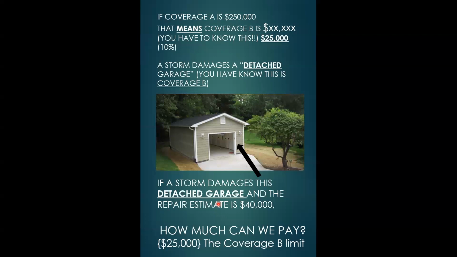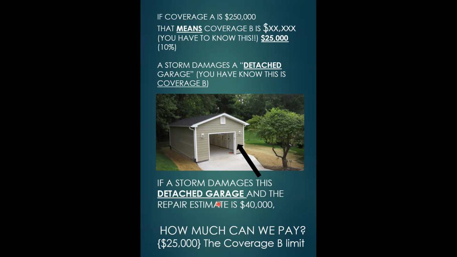And so on test day, here's a couple of very important things to be able to do. They're never going to tell you the amount of coverage B. Figuring out the amount of coverage B is, in fact, one of the most common test questions. So they will tell you that a house is insured for coverage A at $250,000.